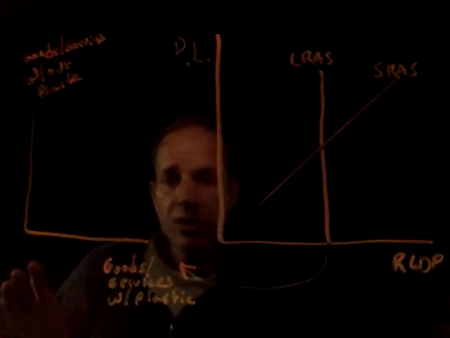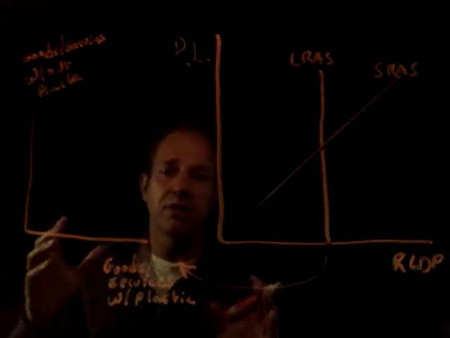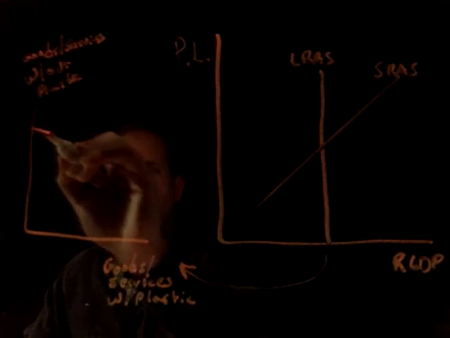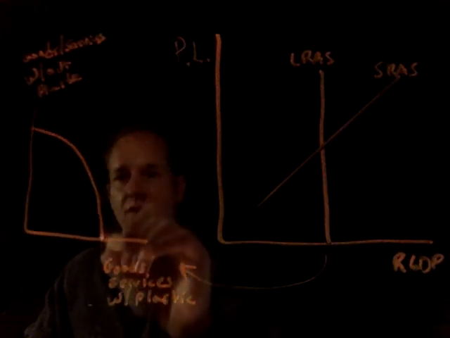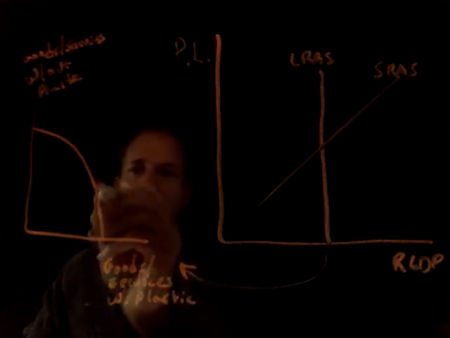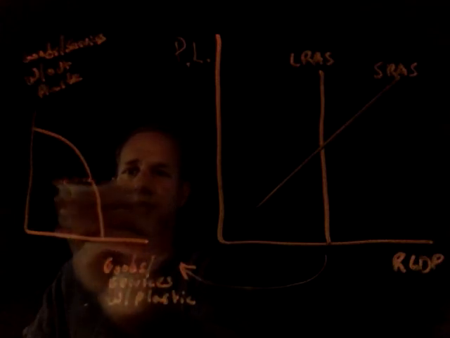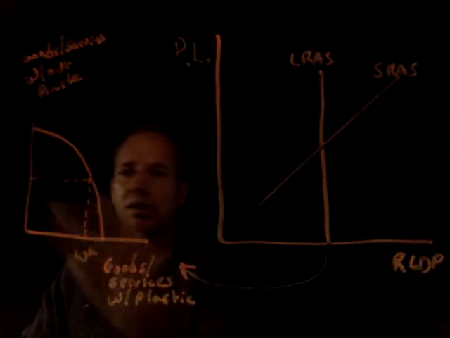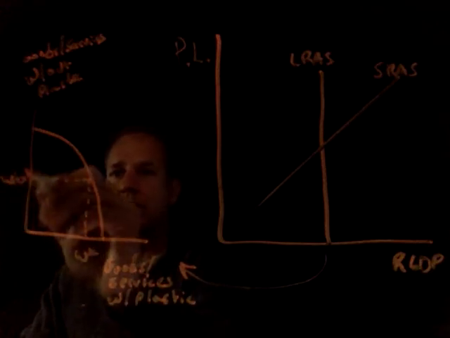In other words, what I've done with these broad categories is tried to say that everything in our economy can be chosen, the production level of our economy can be chosen as some bundle of things that have plastic or don't have plastic. So this is with plastic, this is without plastic.